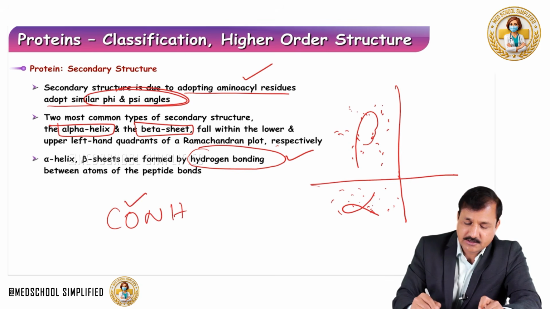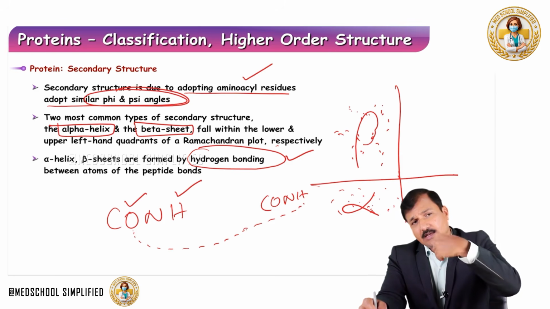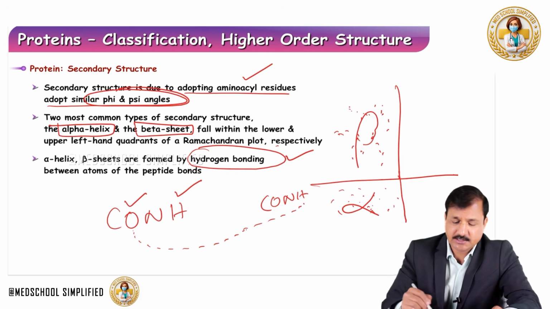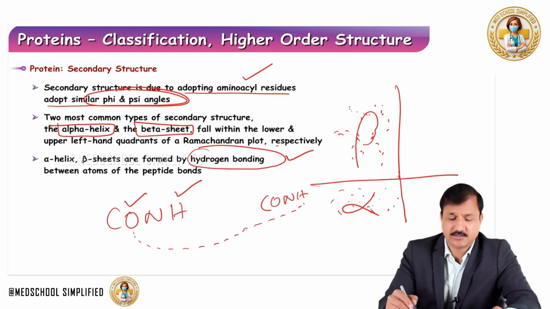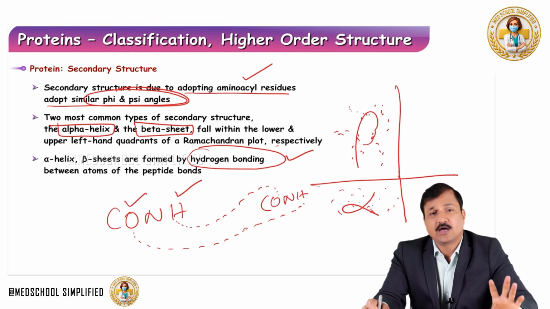We have carbonyl oxygen, nitrogen, hydrogen. So this carbonyl oxygen can interact with the nitrogen, hydrogen of another peptide bond. Not the same peptide bond, a neighboring peptide bond. There can be interaction between carbonyl oxygen and nitrogen, hydrogen. Similarly, nitrogen, hydrogen of one peptide bond can interact with carbonyl oxygen of another peptide bond.